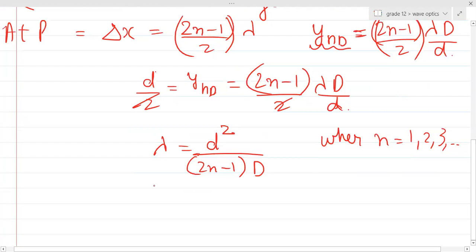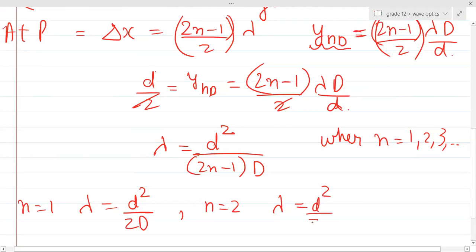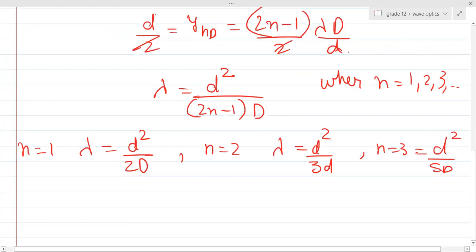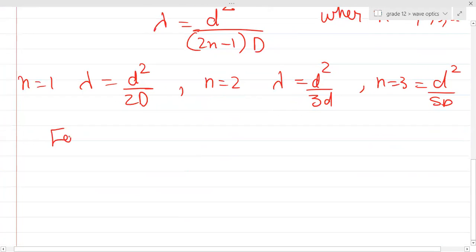So if you put the values over here, you'll get lambda equal to d square by 2D for n equal to 1. For n equal to 2, you'll get lambda equal to d square by 3D. For n equal to 3, you will get d square by 5D, and so on, right?